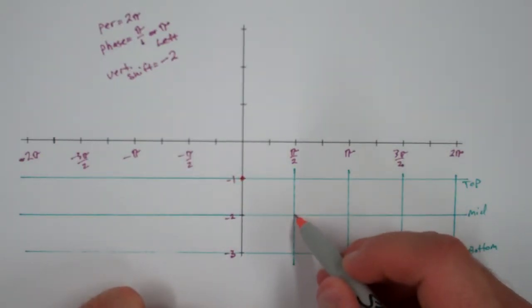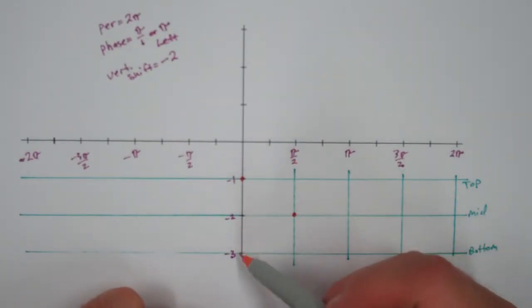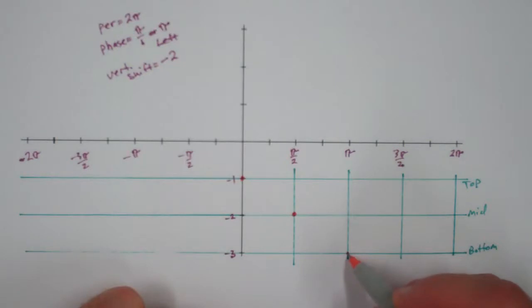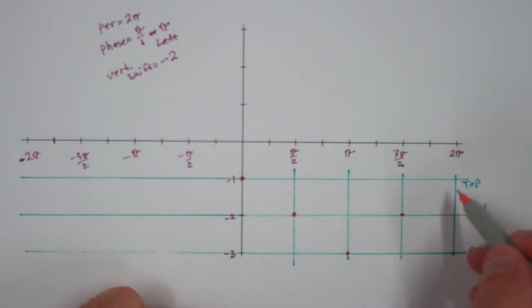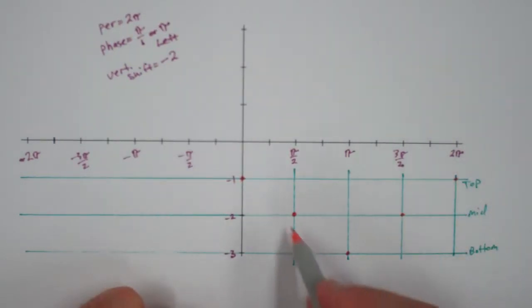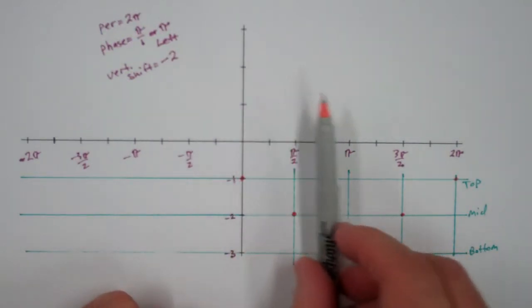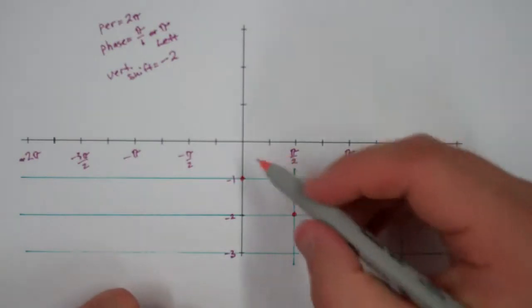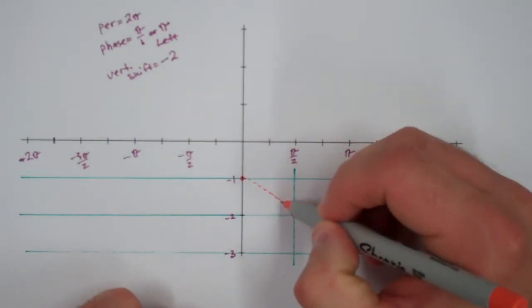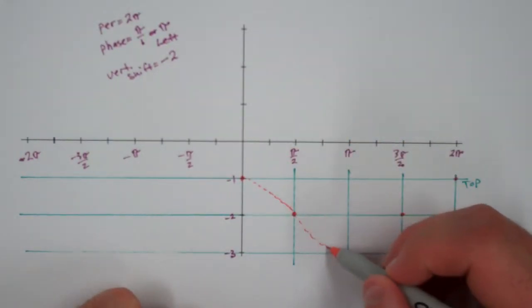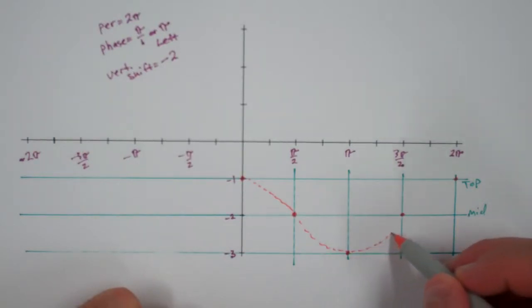Then we know we're going to start down first. There is no reflection, or else we would have to start here. We're going to come down, hit the midline, then come back up. So those are 5 points on these 4 quarters, and you can imagine here's the first line, second, third, fourth, and fifth. And so this graph without the phase shift is going to look something like this.